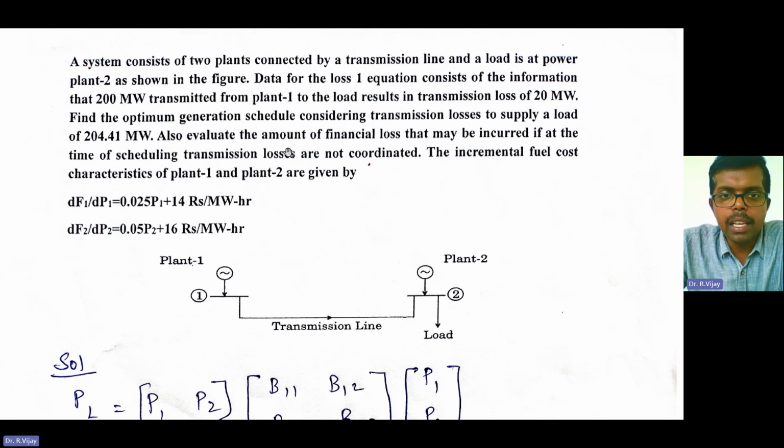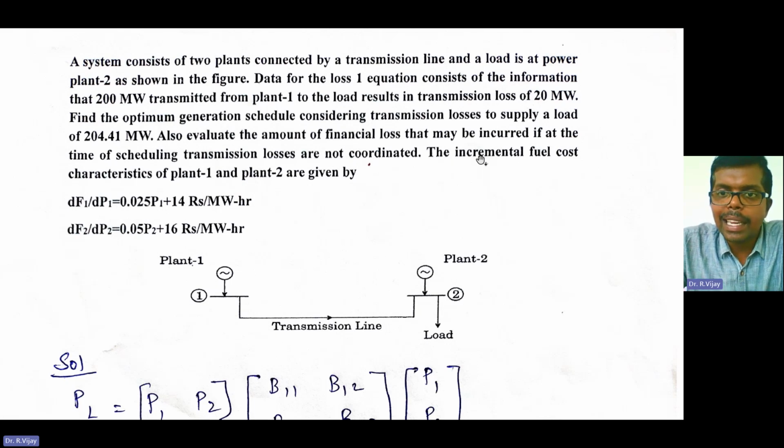Also evaluate the amount of financial loss that might be incurred if, at the time of scheduling, transmission losses are not coordinated. So they want to calculate the financial loss if transmission losses are not coordinated. We need to find out the financial loss.